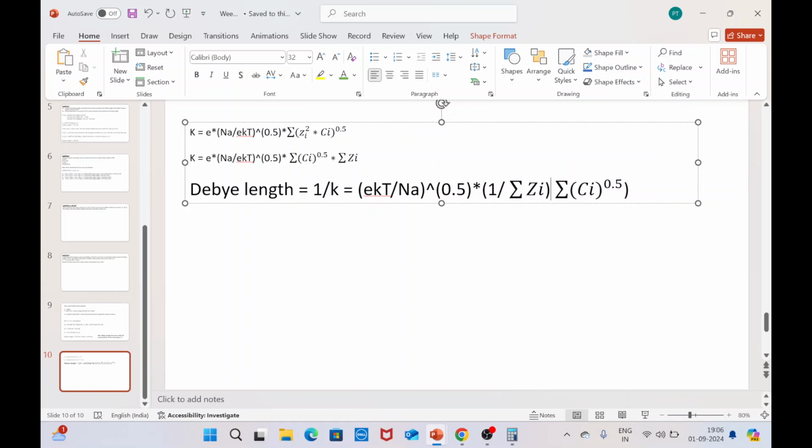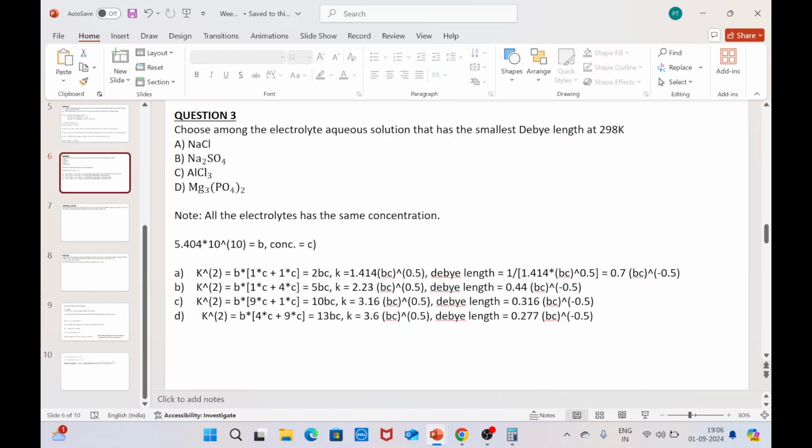Which means that as the value of Z increases, your Debye length is going to decrease. So with that concept, for NaCl it is 1 and 1, for Na2SO4 it is 1 and 2, for AlCl3 it is 3 and 1, but for Mg3(PO4)2 it is 3 and 2.